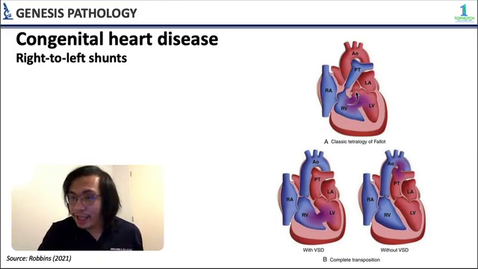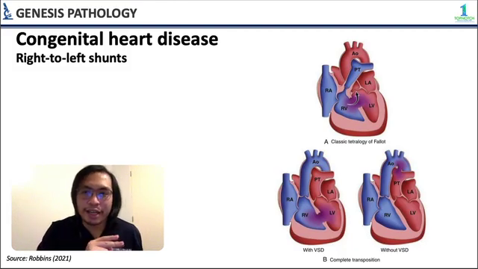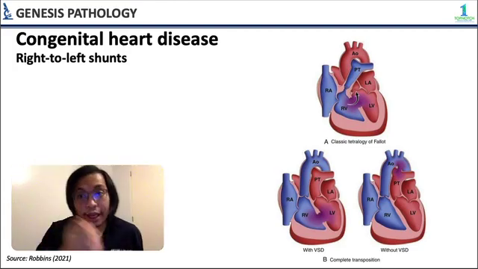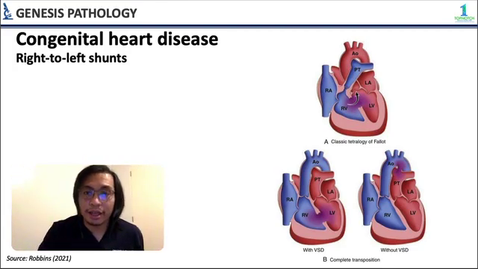We have your VSD, okay? We have overriding of the VSD by the aorta. We have right ventricular outflow tract obstruction and right ventricular hypertrophy. Okay? So that's your tetralogy of Fallot.